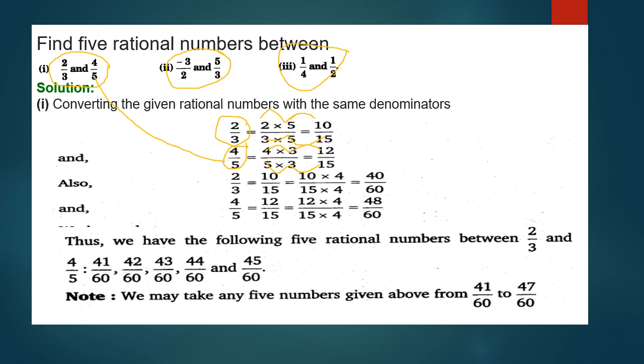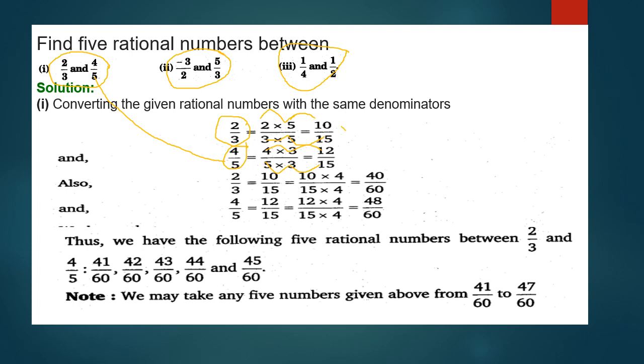Children, here the equivalent rational numbers are 10 by 15 and 12 by 15. Between 10 by 15 and 12 by 15, only one rational number is there, that is 11 by 15.